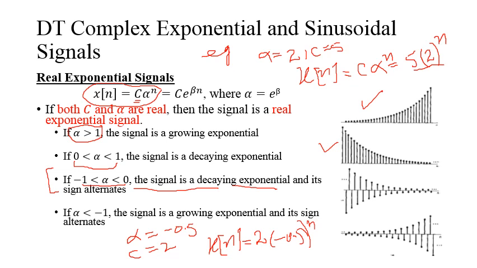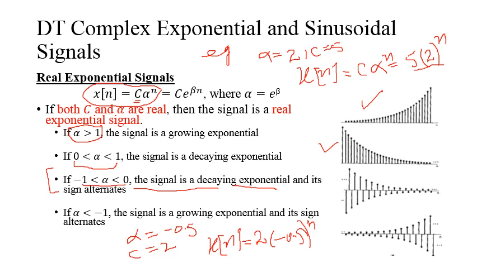Okay, now another case is when alpha is less than -1. Less than -1, you understand, will be like -2, -3, -4, and so on. In that case, because we are taking powers of alpha, so for example, if we take -2, it will be exponentially growing.